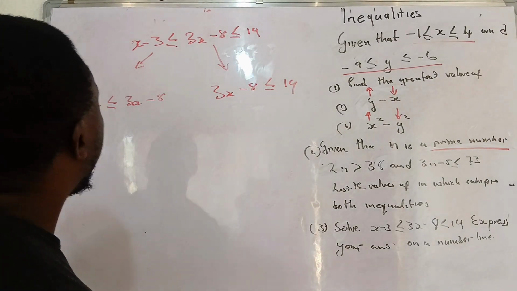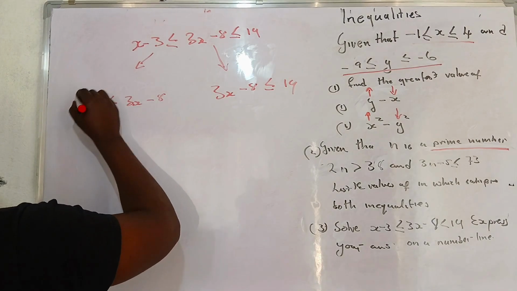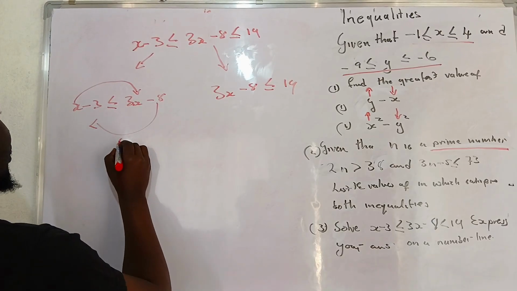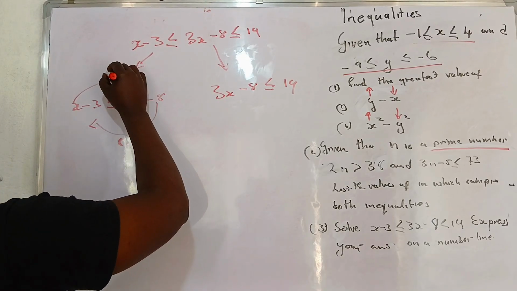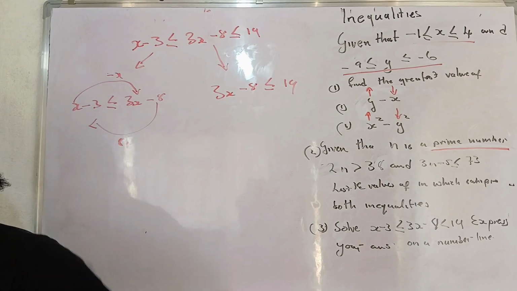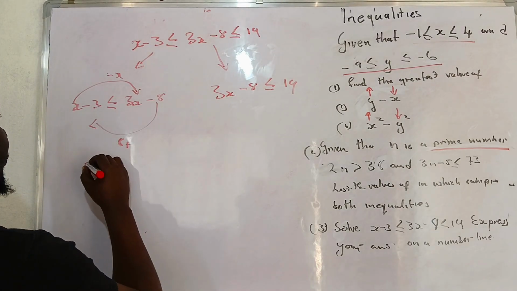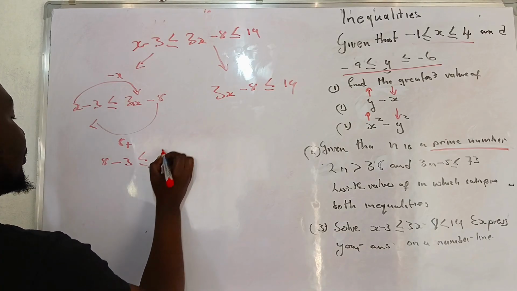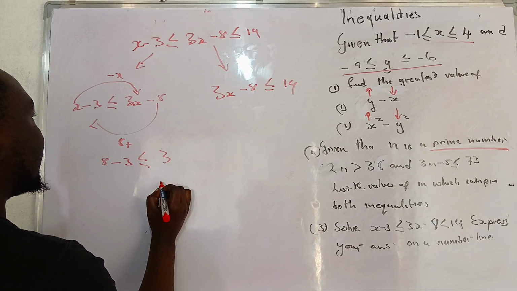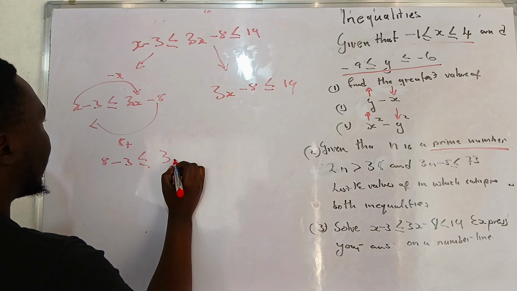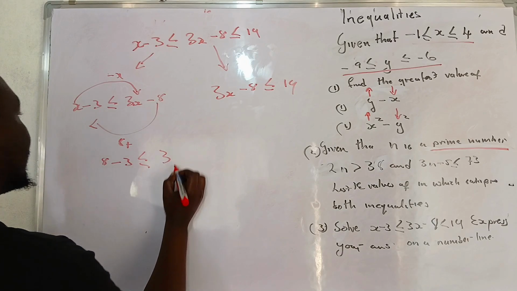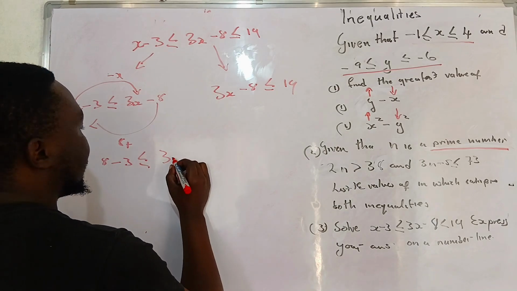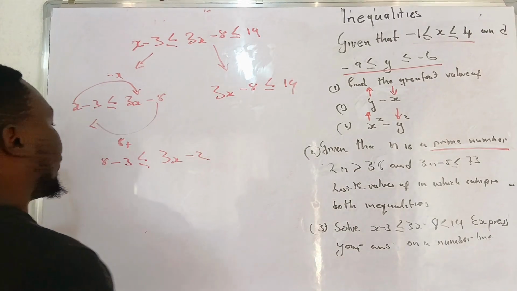Here our x comes to this side and our 8 comes to this side. It becomes 8 positive. This becomes negative x. So we are going to have 8 minus 3 less than or equal to 3x minus x.